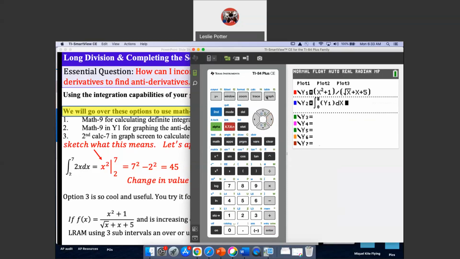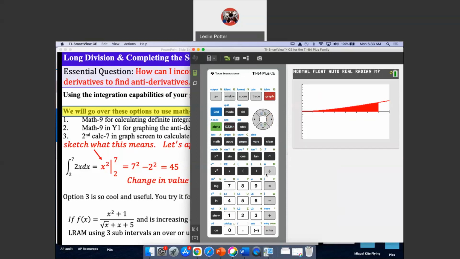So let's graph that. So it's going to be blue, and as you can see, it's going to take a while. And my calculator is thinking and thinking.